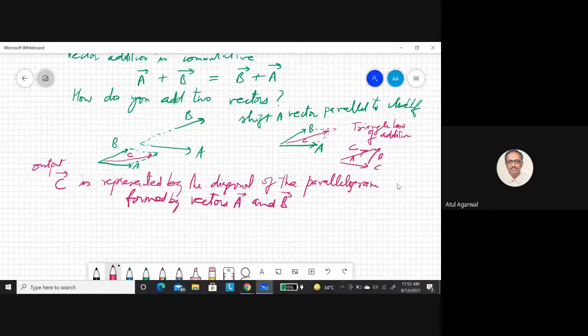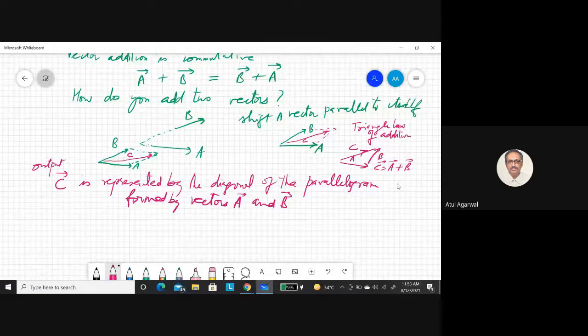C is equal to A plus B. So this C and this C will be parallel, their directions will be same and their magnitude will be same. You will get the same answer whether you use triangle law of addition or parallelogram law of addition. Same direction, same magnitude.